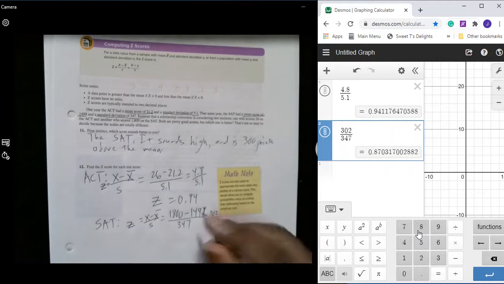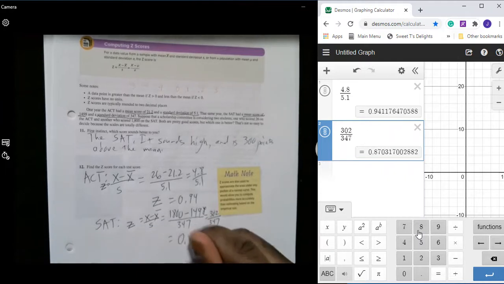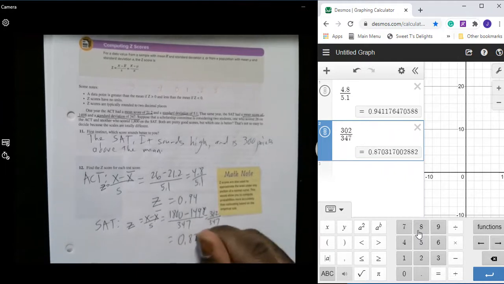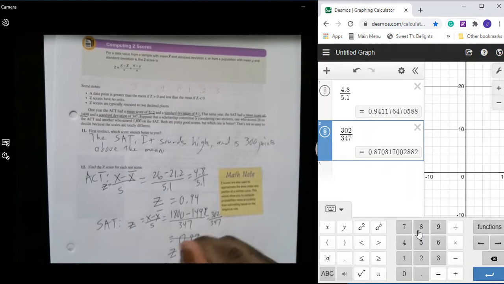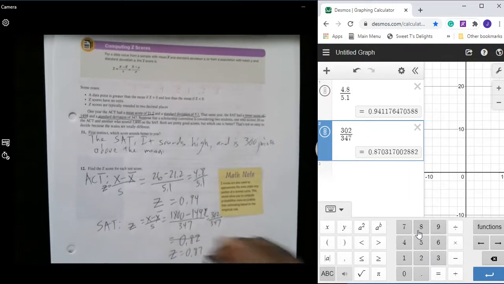And then that would give us 0.87. So our z-score will be 0.87. So basically our ACT score actually turned out to be higher by the z-score than the SAT score was.